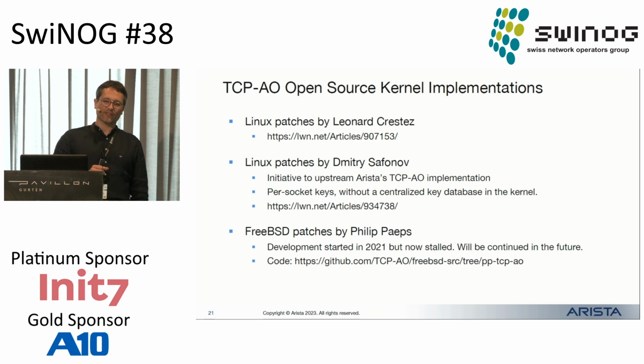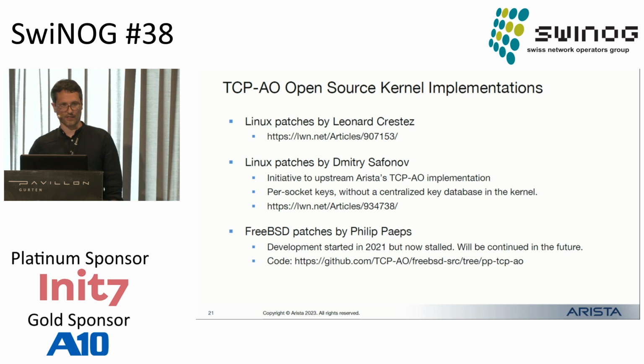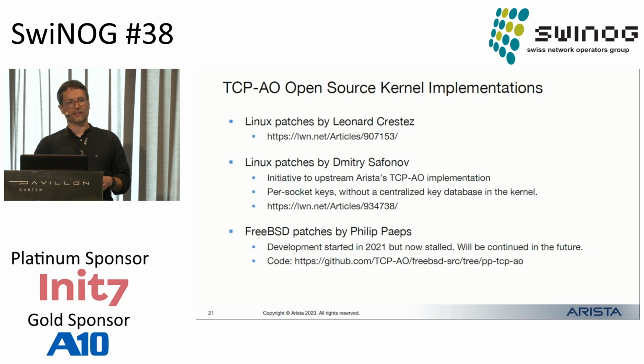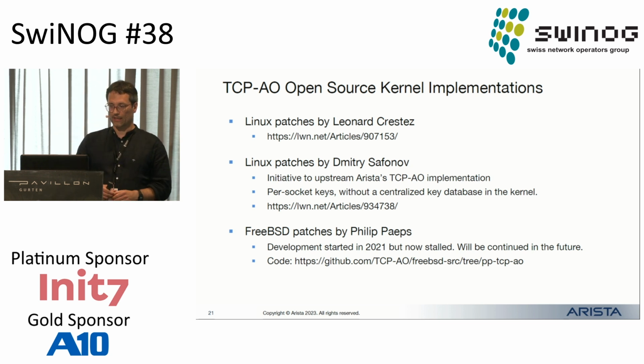But the situation is a bit different if you look at open source kernels and implementations there. In the operating systems I know, it's not available yet. There is a Linux patch by Leonard, which is still discussed and worked on, but is not in the mainline Linux kernel. There is a second patch set, which is being discussed by Dmitry, and he actually works on the initiative to upstream the Arista TCP AO implementation into mainline Linux kernel.